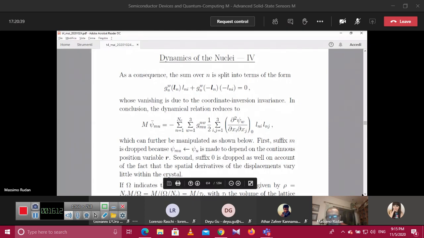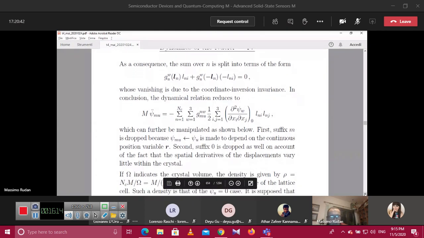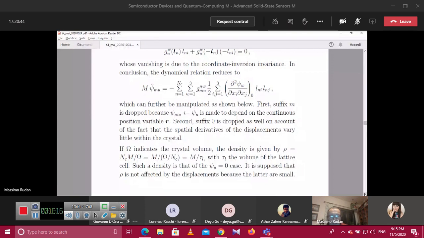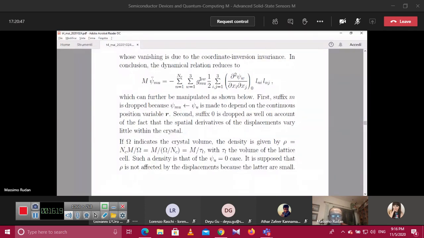And finally, we shall change a little bit the appearance of the equation by introducing the density of the material. Okay, for the moment we have considered only the mass of the single cell, that is capital M. Now we consider the density of the material. Of course, the density of the material is equal to the total mass of the crystal divided by the volume.